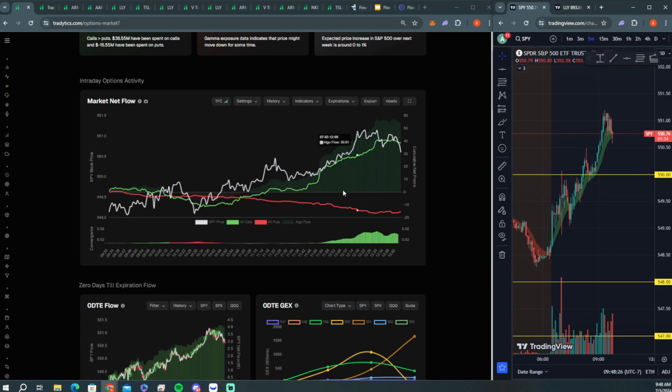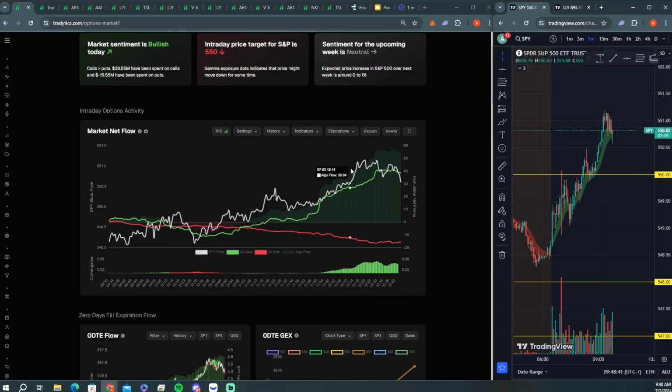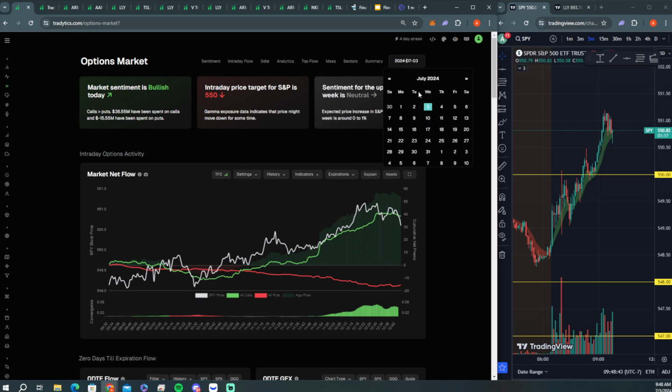Days like today are really good because you can catch really nice moves to the upside. You can find entries for longs pretty easily because the direction of the market is so far bullish. You can see that with calls being bought in market net flow. And on the contrary, I don't know if I'd be able to find one since we've been so bullish lately, but if we go back to, I think maybe November was a bad month. Let's see.